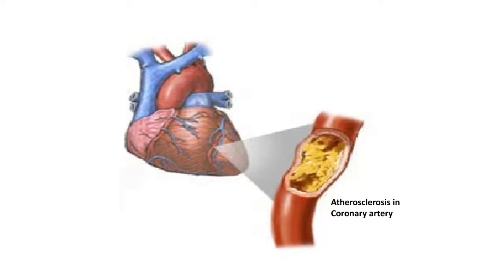Here you can see this is the picture of the heart supplied by the coronary arteries, left and right coronary arteries. The major arteries which are damaged due to atherosclerosis are here in the coronary artery.